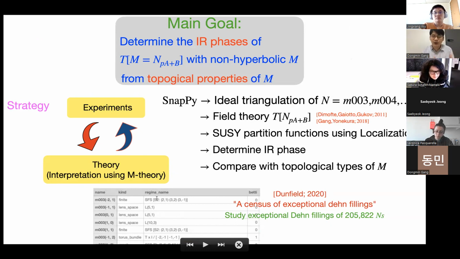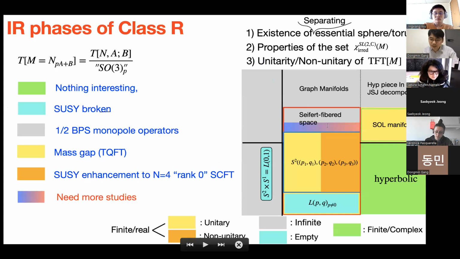To extend our work to the general link and Dehn filling, we need another mathematician's work studying this kind of thing. We cannot do it, so we stopped. So this part maybe corresponds to that one.